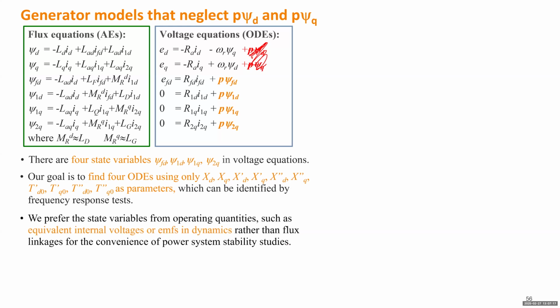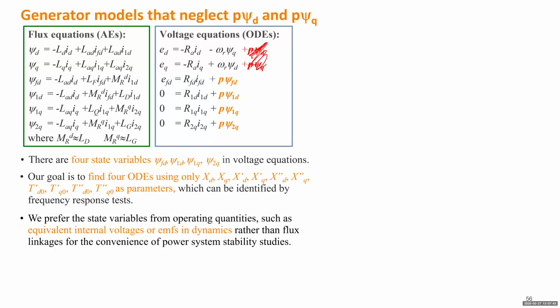As I said, we don't want the flux linkage to be the state variable. Definitely some flux linkages are easy to interpret, like psi FD. Psi FD basically indicates the flux linkage of the field 1D. So if you take the derivative of psi FD, that tells you how much field voltage is actually induced. But for other flux linkages like psi 1D, psi 1Q, or psi 2Q, what does that mean, really?